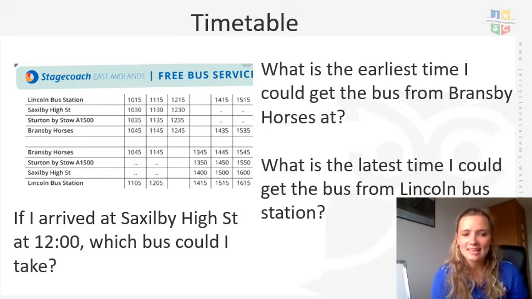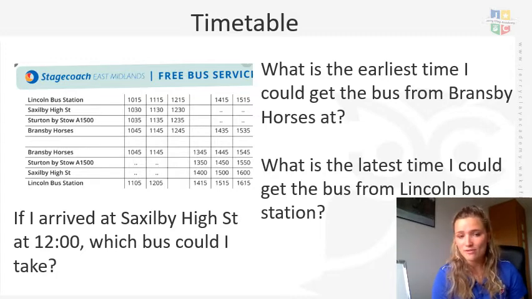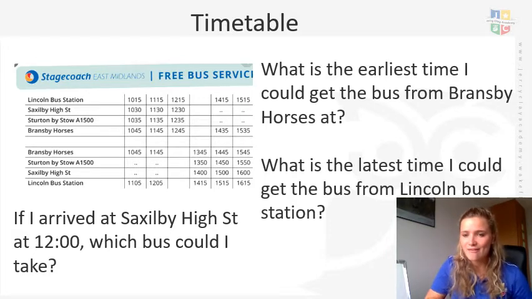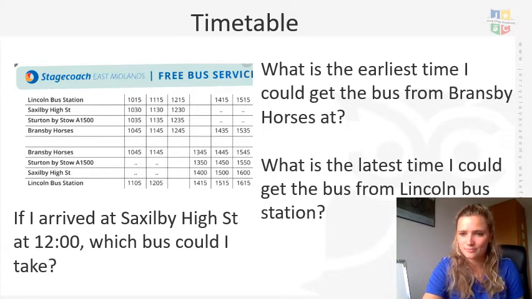And finally, last question, if I arrived at Saxilby High Street at 12 o'clock at lunchtime, what bus could I take? So find Saxilby High Street, find if I was to arrive at 12 o'clock, which buses could I take? There might be one bus, there might be more than one bus. So have a go at trying to answer these using the grid, the timetable to help you, and then I'll go through the answers after, once you've got the answers, to see if you have got them all correct.